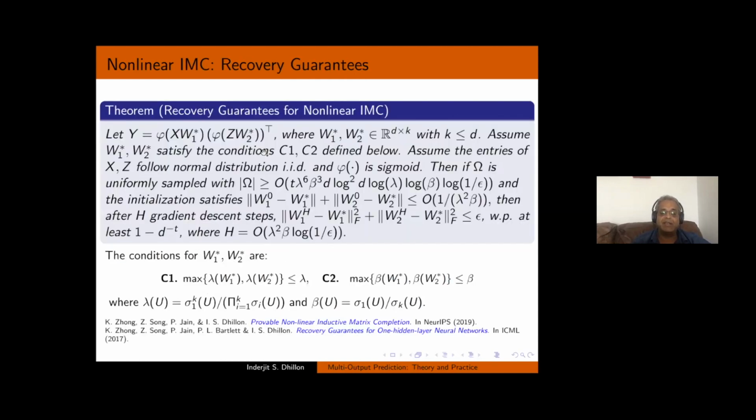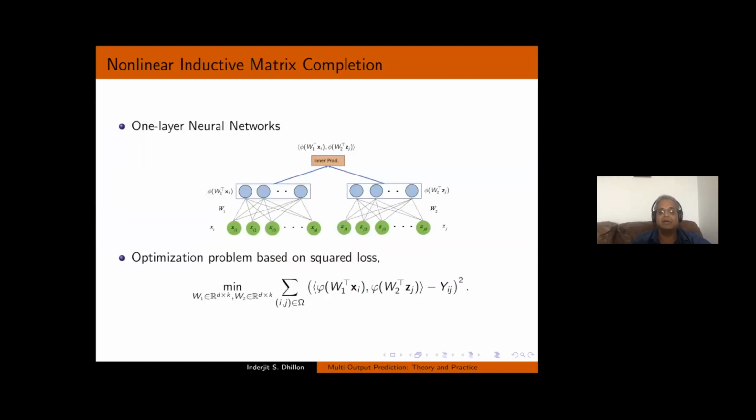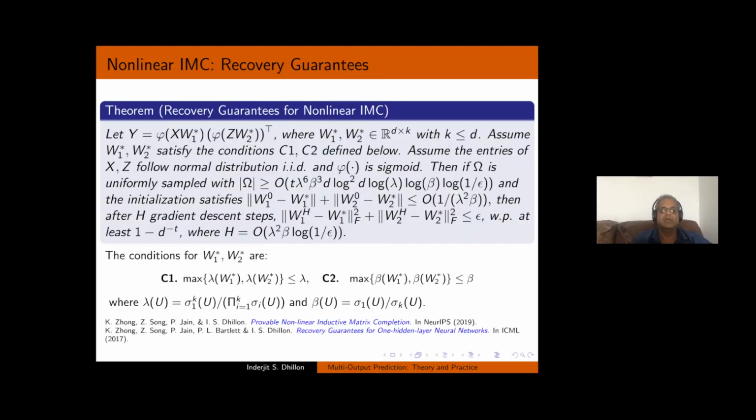In that case, we were able to give recovery guarantees. And then last year, we were able to extend that. It is more complicated because now, if I may use the term, it is bi-nonlinear. There's a nonlinearity here, there's a nonlinearity here, and then you mix them together by taking this inner product.